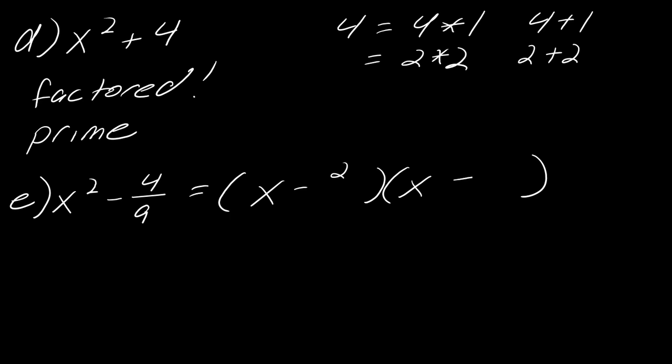It's because it's 2 times 2. And why is 9 a perfect square? It's because it's 3 times 3. So I've got minus 2/3 and plus 2/3. I've got that set up, and then it really just continues the pattern. You don't even have to panic too much about it being a fraction, and that's one of the quote unquote fun things with this.